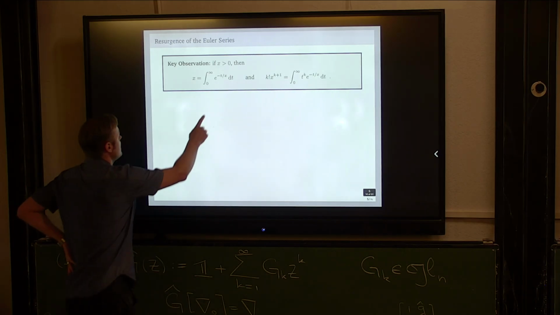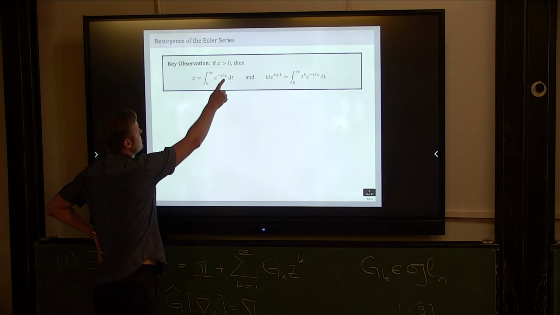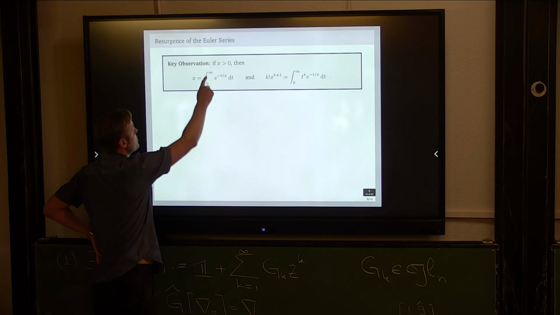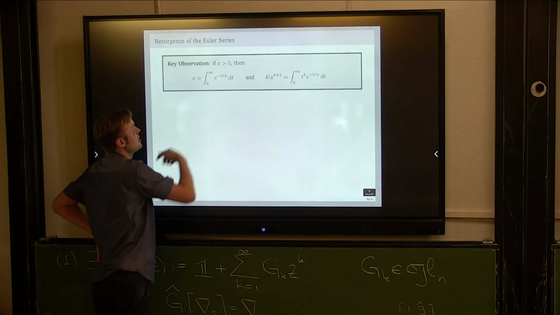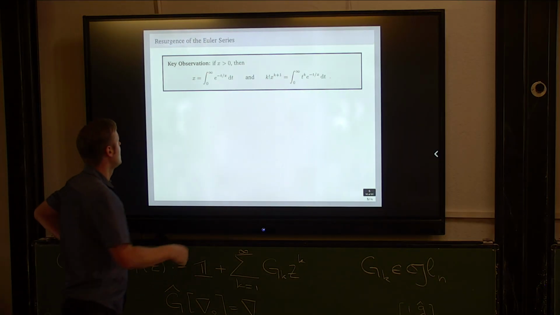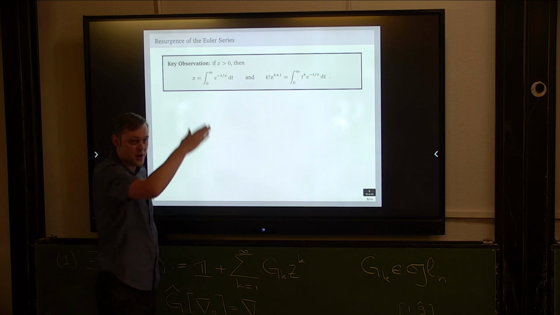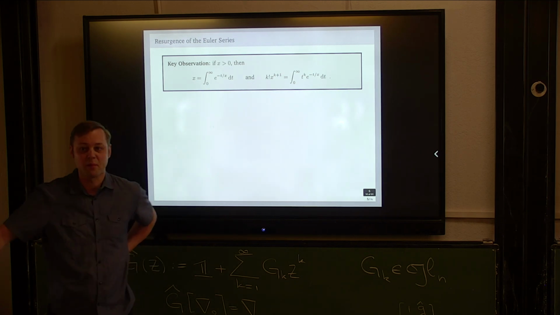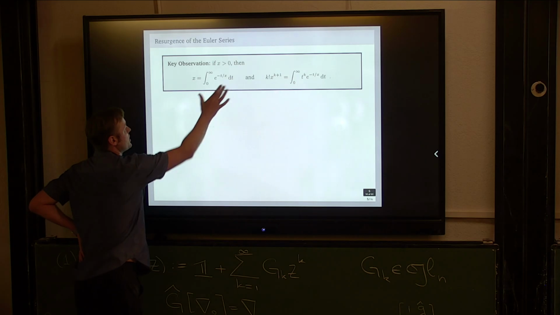So you can see that if I'm assuming that x is positive, and I'm integrating t from 0 to infinity, as t gets very large and positive, and x remains positive, the exponent in this exponential remains large and negative. And so this function that we're integrating has an exponential damping at infinity, and so this integral is well defined.